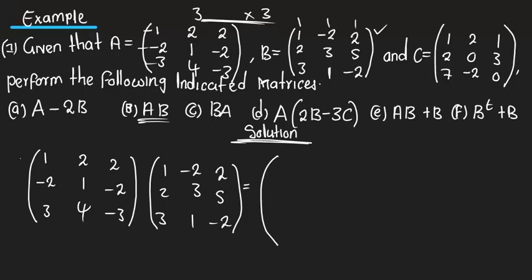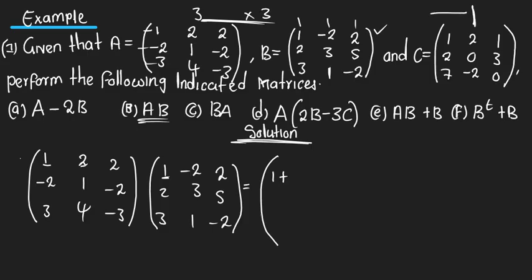1 multiplied by 1, it's 1, plus 2 multiplied by 2. So I multiplied 1 by 1, I've gotten 1. Then, because it's a row, always remind yourself, it's row by column.